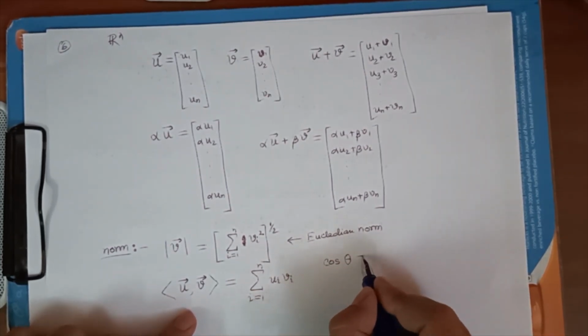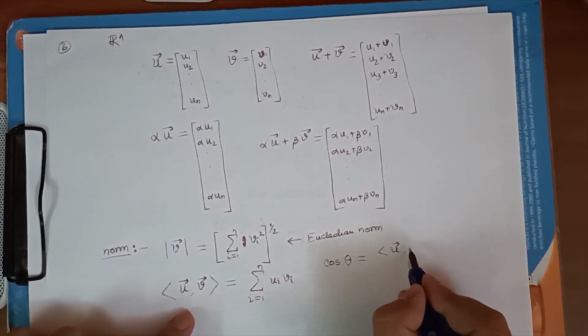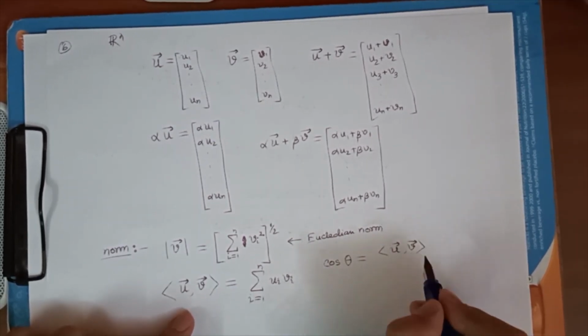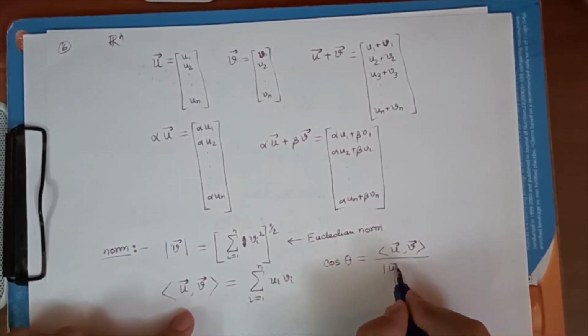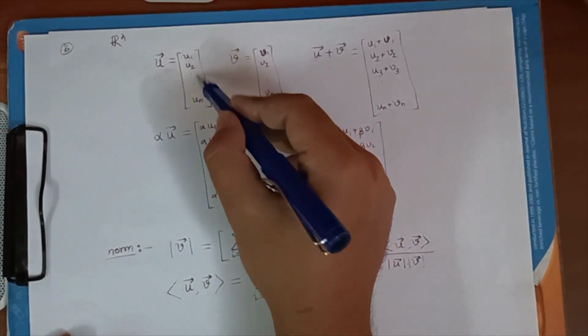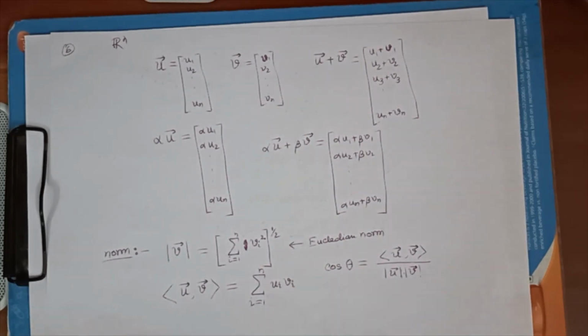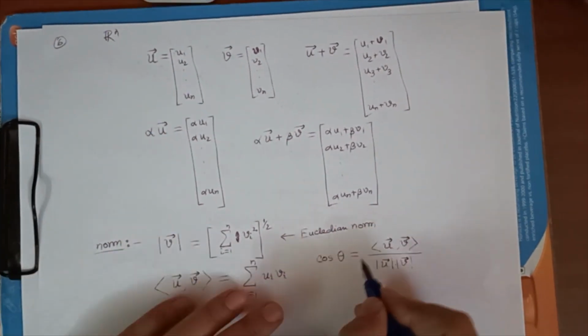If I write it in terms of theta, it is basically the inner product between u and v divided by the length of u multiplied by the length of v. And these things you can compute from the coordinate representation or basis expansion representation. So if you know that representation, you can immediately compute it.